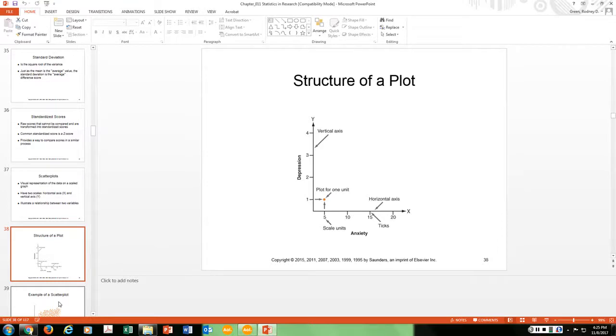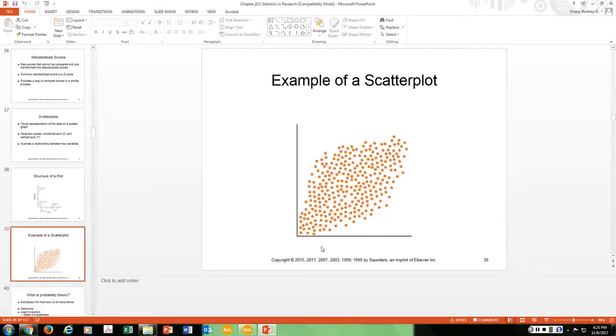Okay, we can plot everybody's score on the x and the y axes, and so we have some low scores here on both depression and anxiety, a lot of people in the middle, and then a few people with very high scores on both depression and anxiety. It's a very interesting way of visually presenting data.